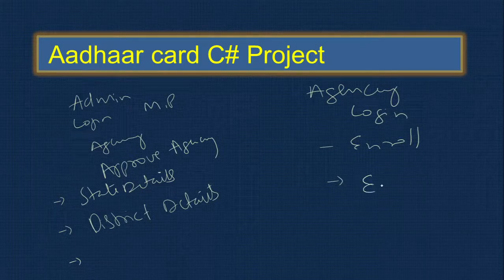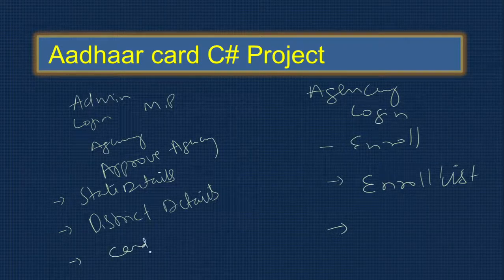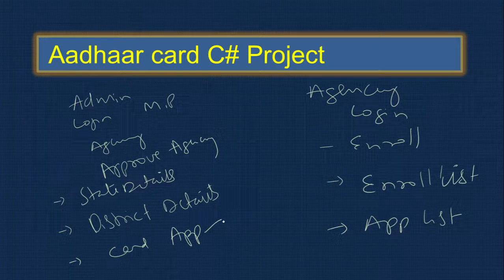Then the enrolled list: the overall enrolled list has to come here. Then here the card has to be approved, and once approved you can see it in the approved list. So these are the main things. The agency has to make an enrollment for the member, and that will be reflected in the admin.